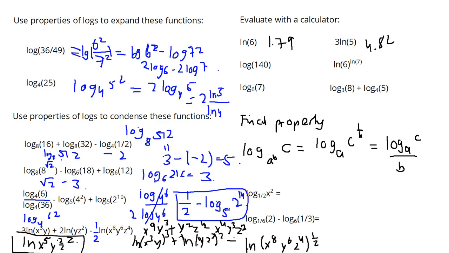Log 140, 2.1. ln 6 to the ln 7th power, 3.11.